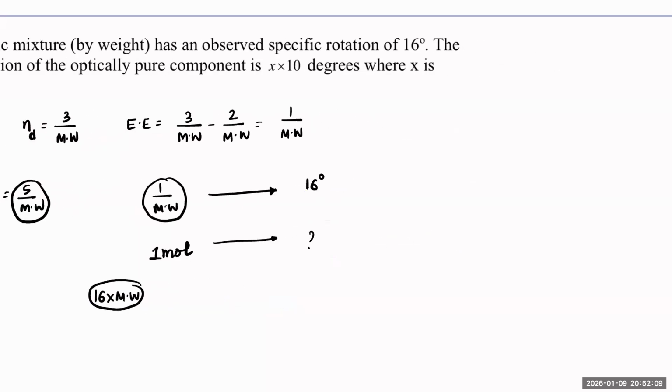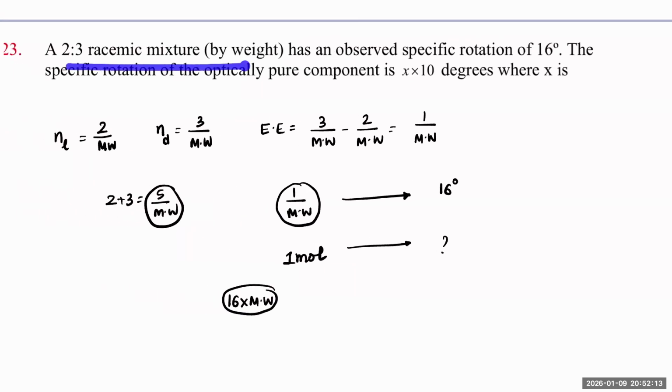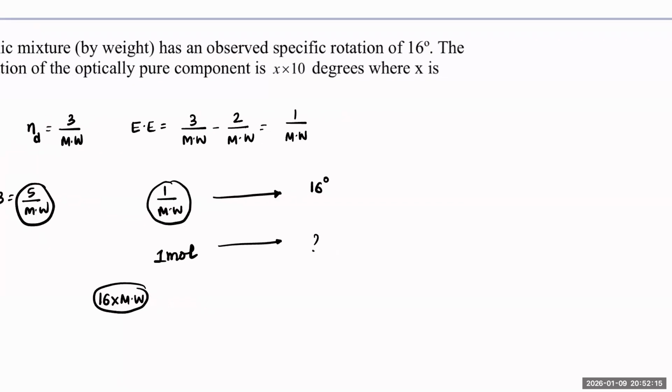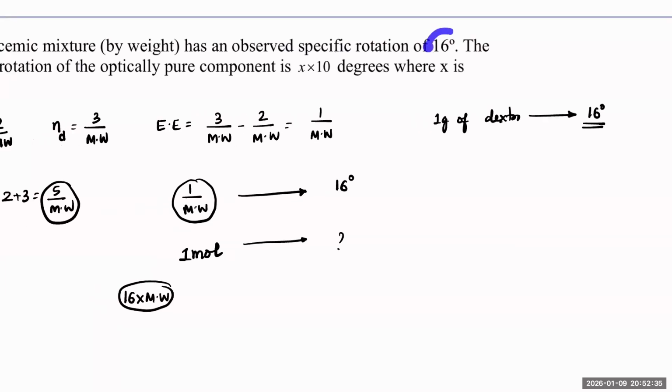Or if I put it in terms of mass, because here everything is written in terms of mass, so what I can do, see, I can say 1 gram of dextro, right? That is giving 16 degrees here. Okay, it is showing specific rotation of 16 degrees.